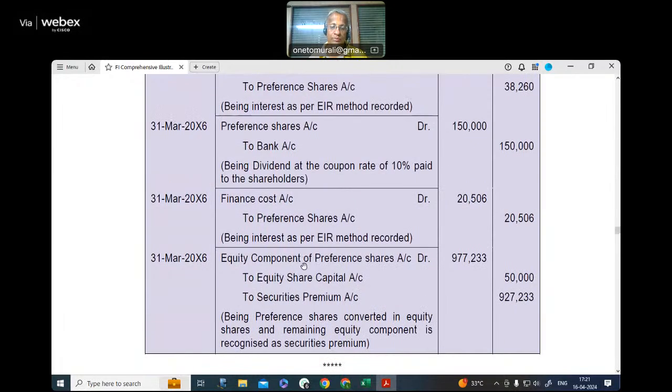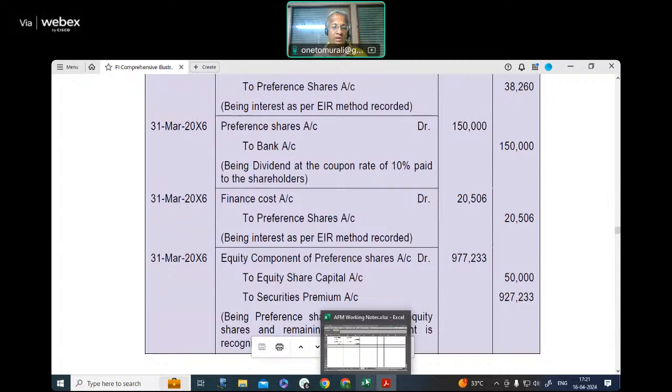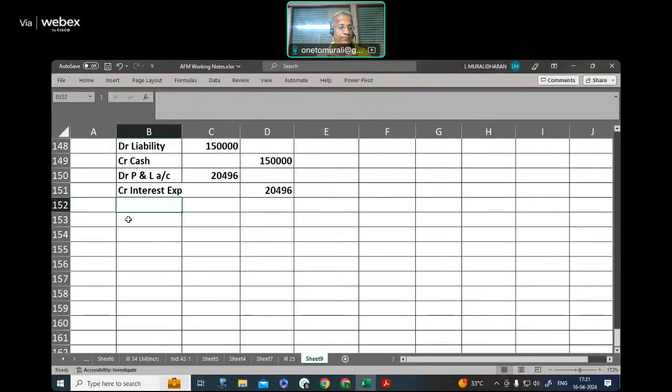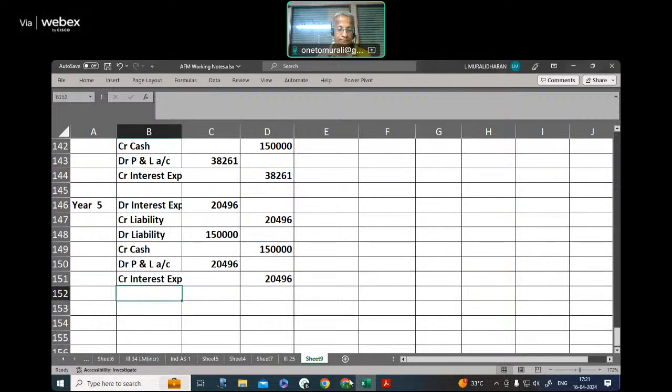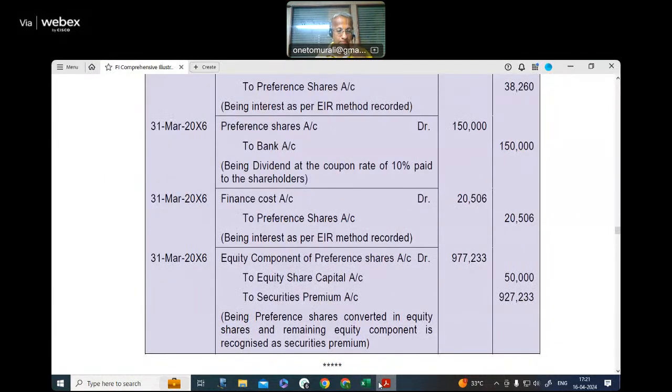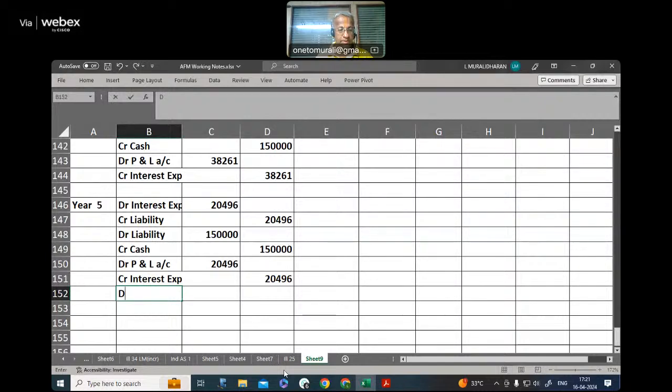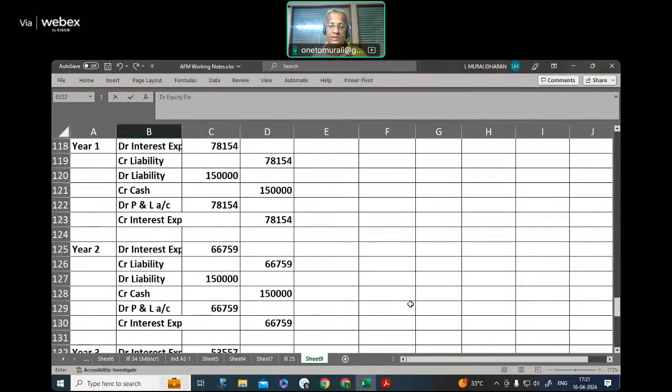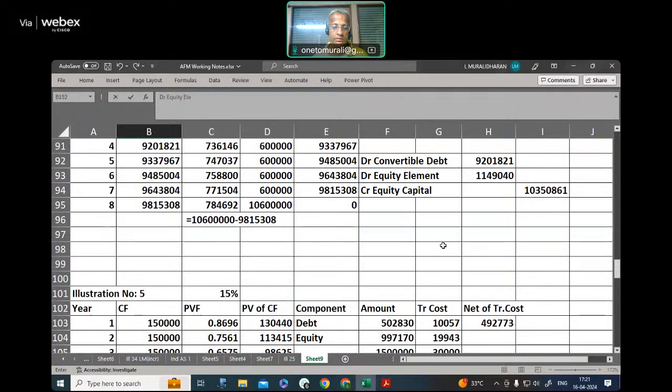And the equity component, equity share capital and securities premium. That is the only last scheme of journal entries that we will be passing. Year number 5. Debit the equity element that we have passed as journal entry here.